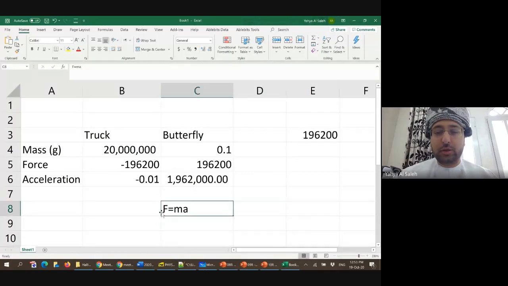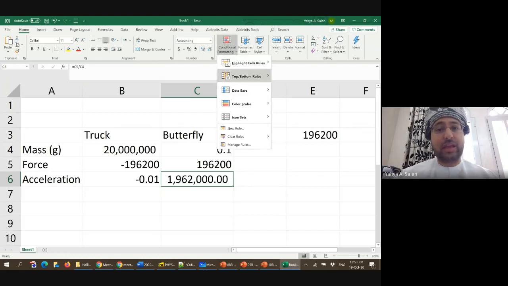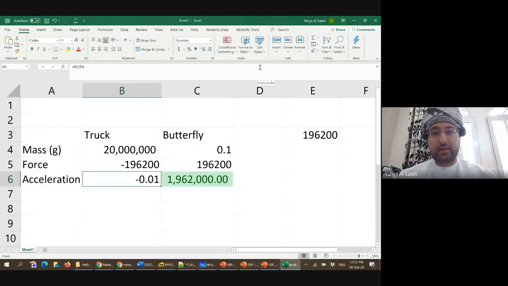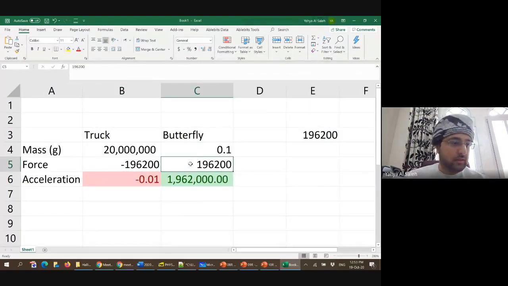Okay, so in Newton's laws, forces are the same. But remember, this is only possible because it's acting on two different bodies. So the butterfly is going to be flying away really, really far away, and the truck is going to do, well, nothing, minus 0.01.